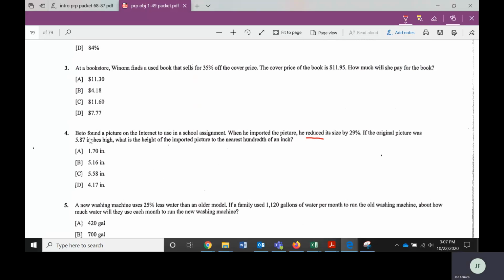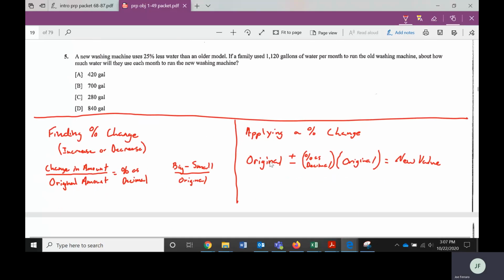So the key here is that they gave you original, okay? And it was reduced, meaning subtract, by 29%. So we have to go 1, 2, get 0.29, and then times the original. So again, where I'm getting this is that we took notes at the bottom of the page, right here.